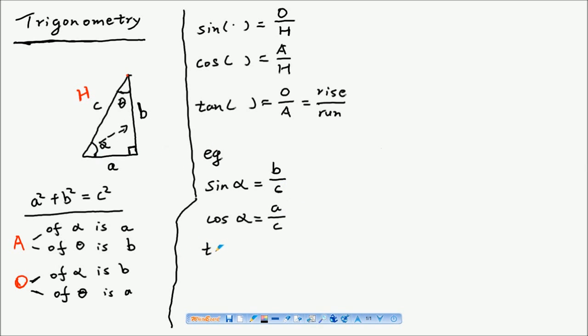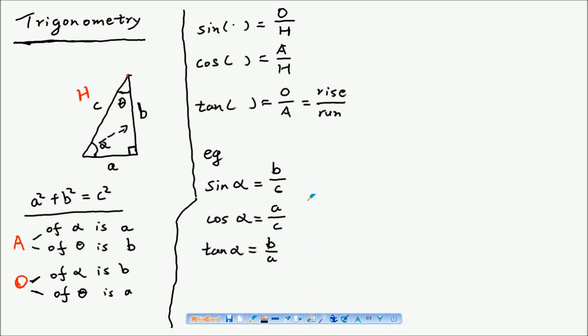Tangent alpha equals the opposite on adjacent, which is b on a, or rise over run. So how much it rises in a triangle and how much it moves horizontally. So it's b on a.